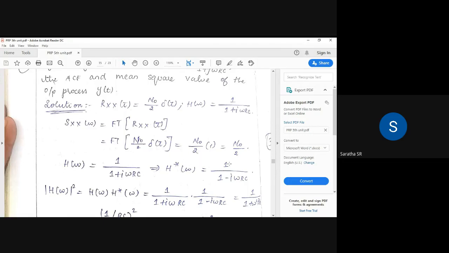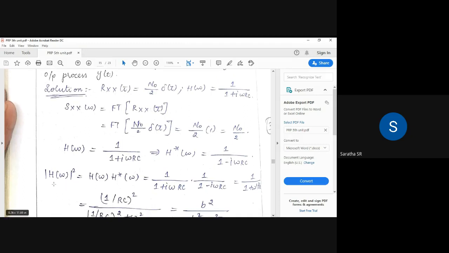Replacing like that, we got 1 divided by 1 minus j omega RC. Then we have to find modulus h of omega the whole square, so we multiply h of omega with h star of omega. So we get 1 plus omega square R square C square.